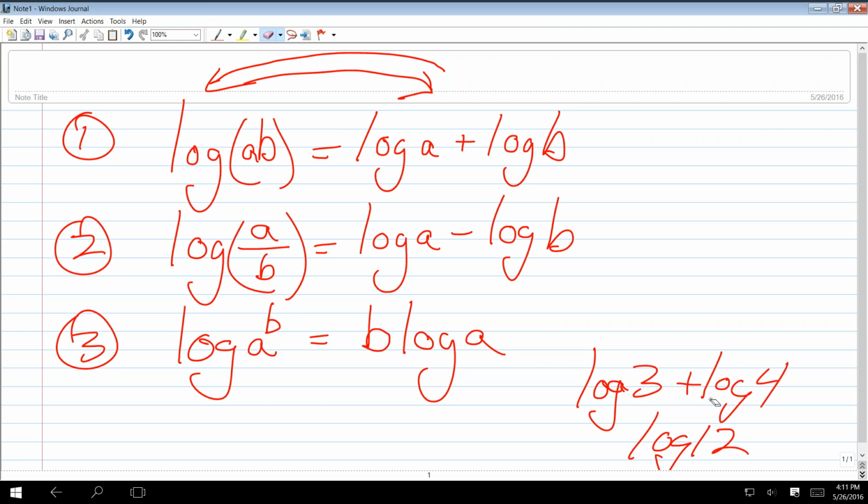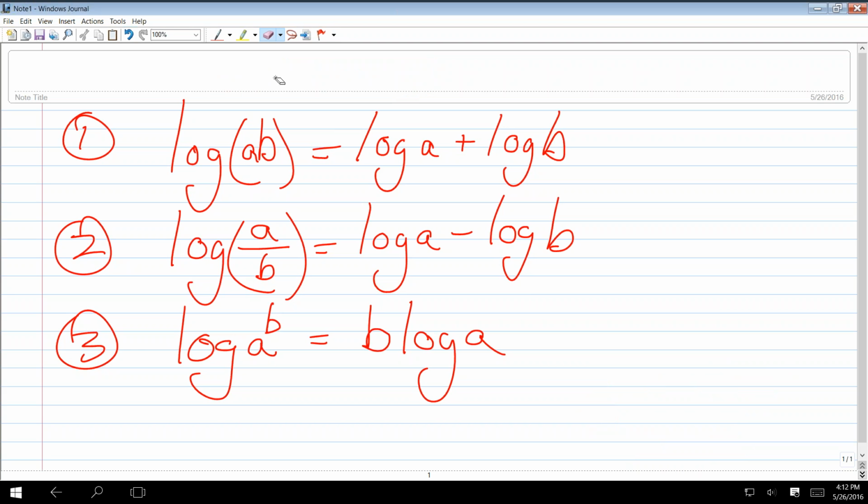Log 12. And you can get each of these out of your calculator, but you'll find that this is true. But it's the property of logs that's important, because at some point you use variables here, and then you have log equations, and you have to solve log equations.